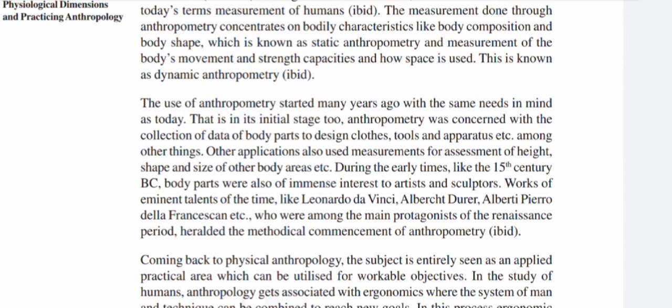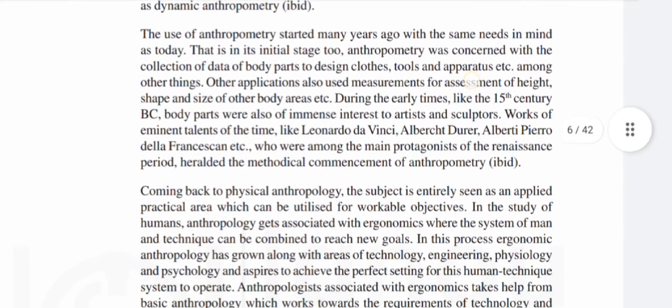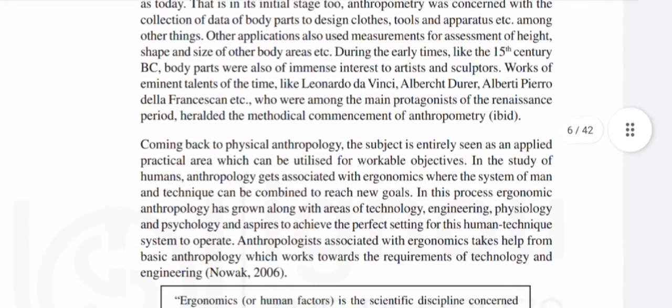Coming back to physical anthropology, the subject is entirely seen as an applied practical area which can be utilized for workable objectives. In the study of humans, anthropology gets associated with ergonomics, where the system of man and technique can be combined to reach new goals.